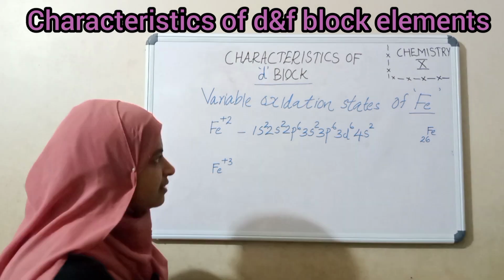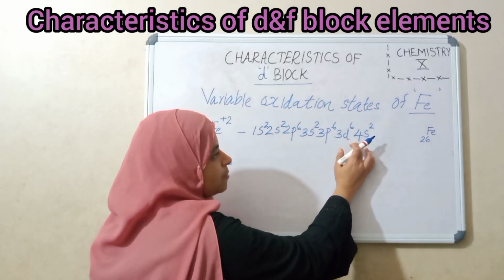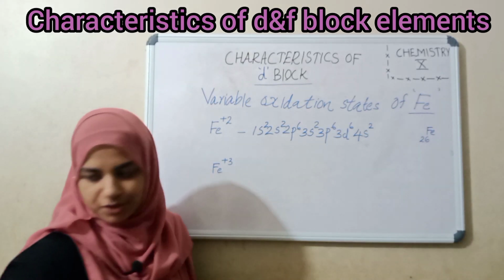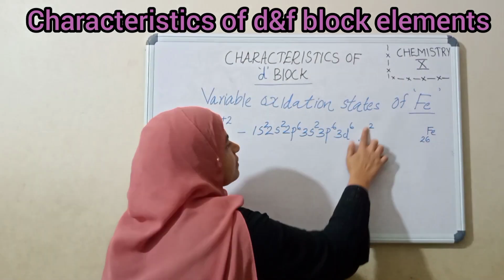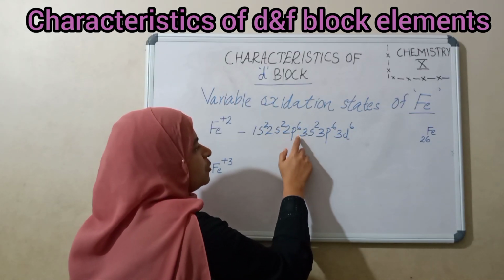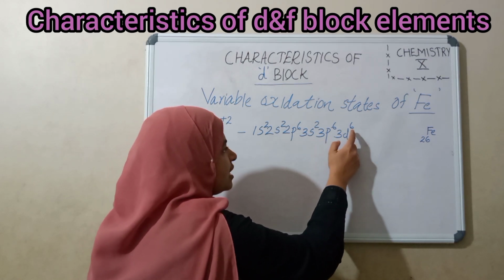Therefore, here 2 electrons are donated from the outermost s subshell. Then the subshell electron configuration becomes 1s2, 2s2, 2p6, 3s2, 3p6, 3d6.